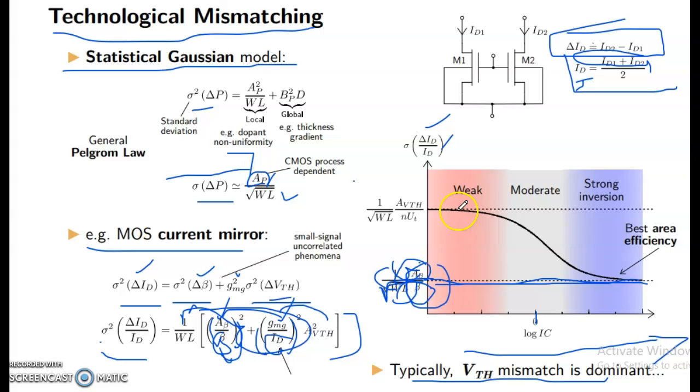In this weak region, what will happen? Here it is 1 by root 2WL into A_VTH divided by n U_T.